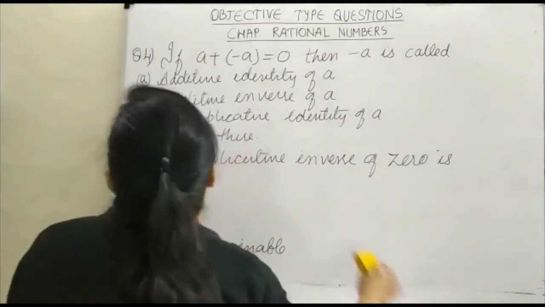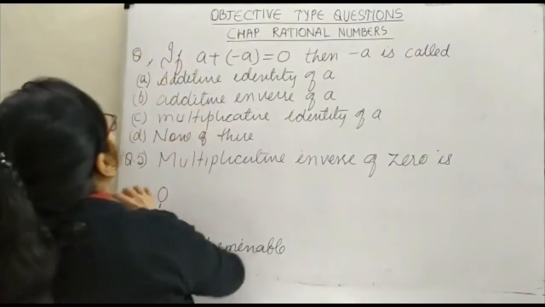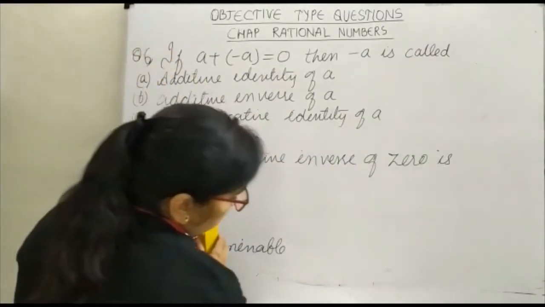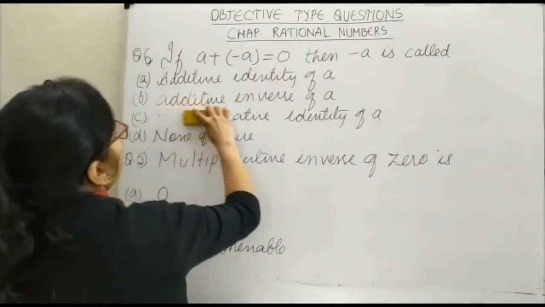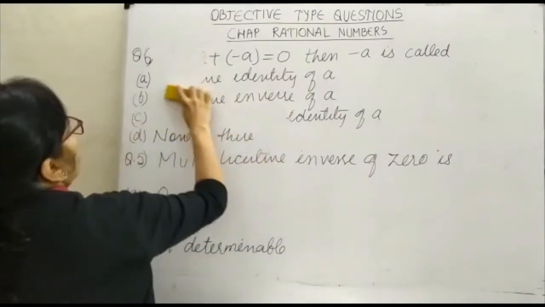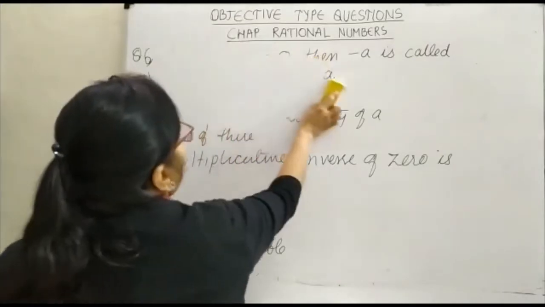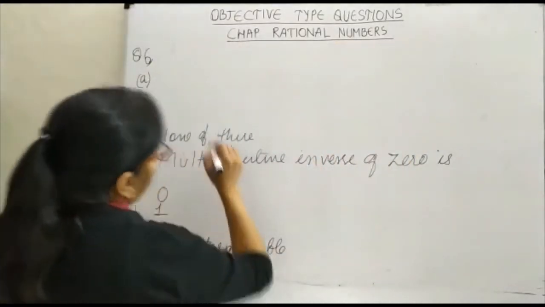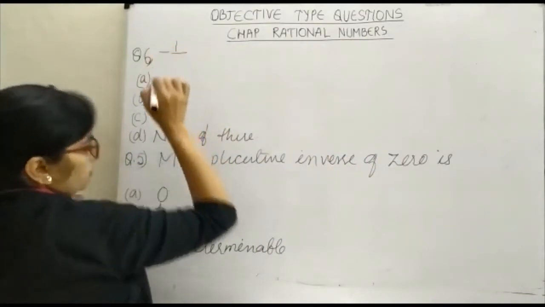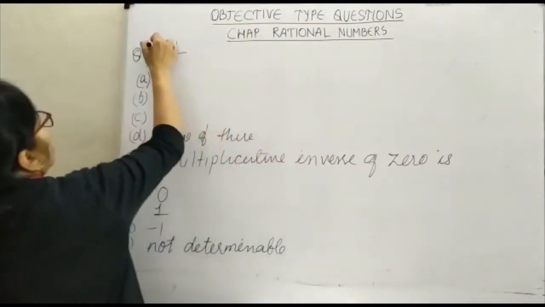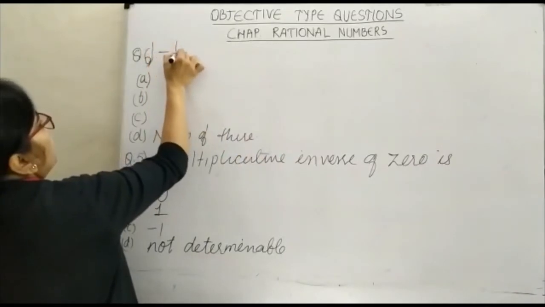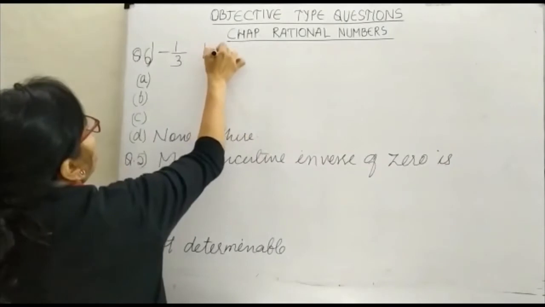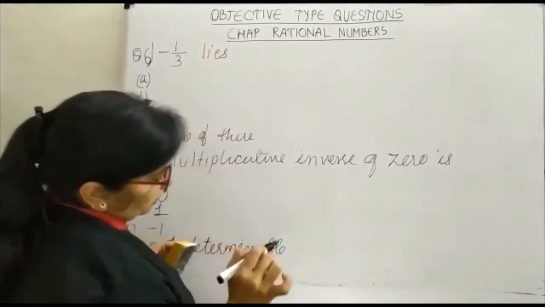Then we are moving on to question number 6. In your question number 6, your fourth option will remain the same, none of these. Your question is: -1 upon 3 lies. आपको बताना है -1 upon 3 lies.